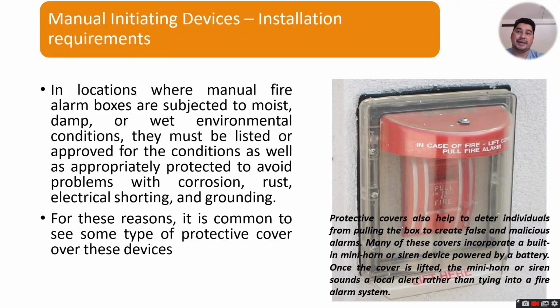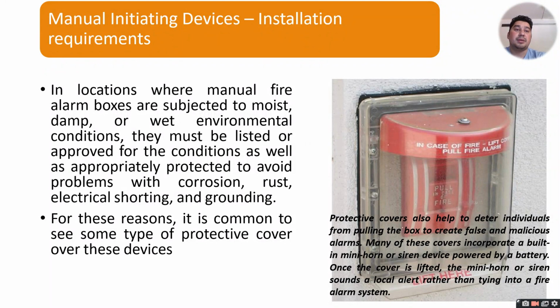For these reasons, it is common to see some type of protective cover over these devices. Whenever they have to use it, they can lift it from here. Protective covers also help to deter individuals from pulling the box to create false and malicious alarms. Many of these covers incorporate a built-in mini horn or siren device powered by a battery.